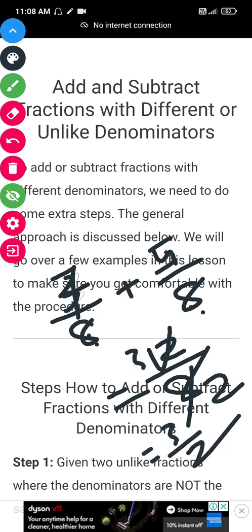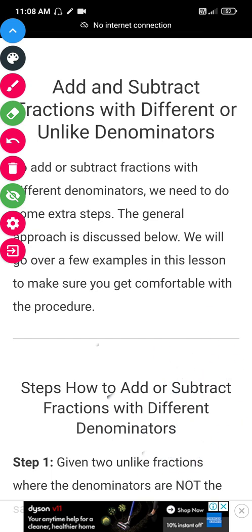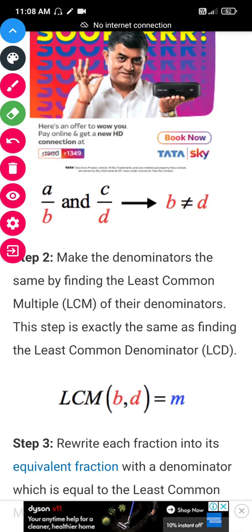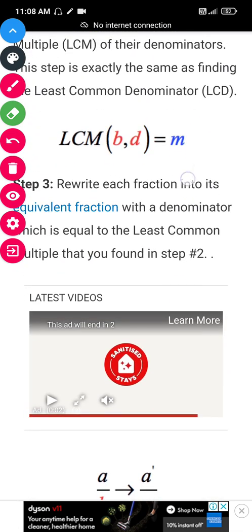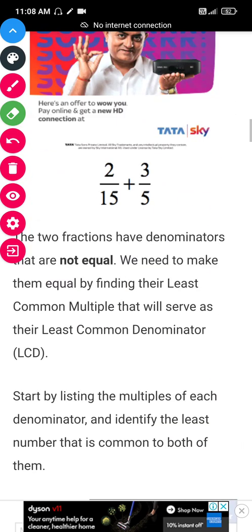But here we are going to study fractions with different denominators. So for that, let me take a fraction here. See here, these are the two fractions, 2 upon 15 plus 3 upon 5.